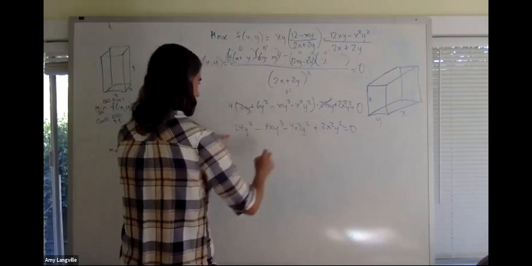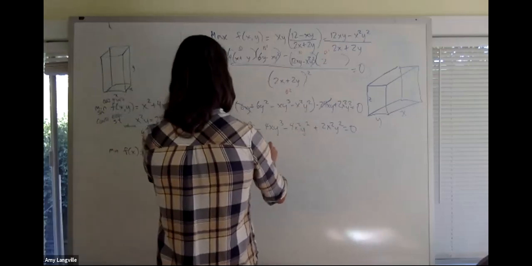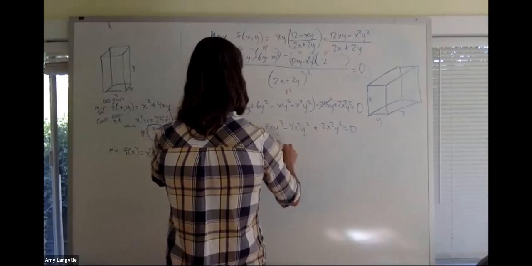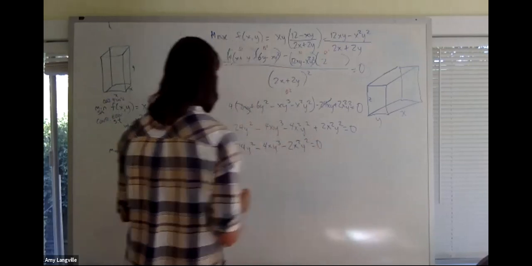Right, and those can combine, so 24y squared minus 4xy cubed minus 2x squared y squared equals 0.